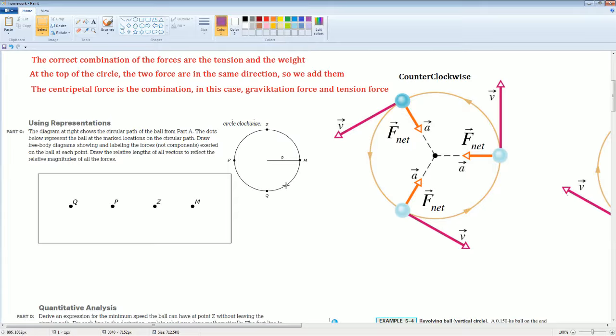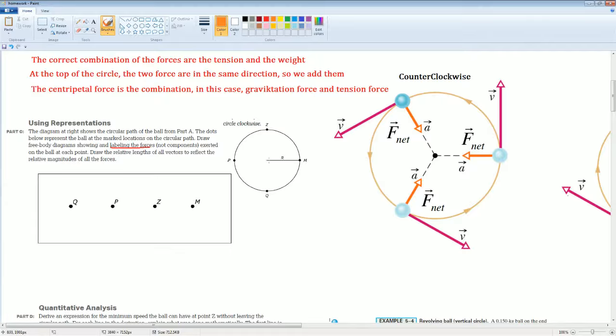For the free body diagram, they want us to label the forces. So I don't need to label the velocities, just the forces. It doesn't care about the velocities. Let's make that orange. So what are the forces that make up Q?